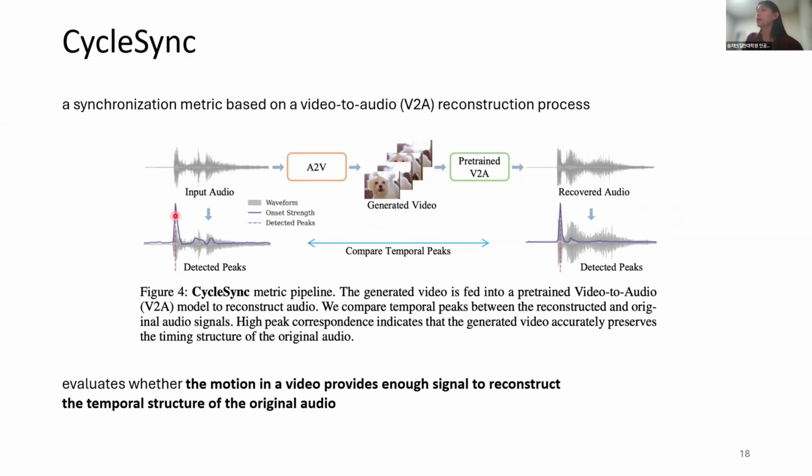Then we detect the peaks in each audio and compare those temporal peaks to get the final score. So CycleSync evaluates whether the motion in a video provides enough signal to reconstruct the temporal structure of the original audio.